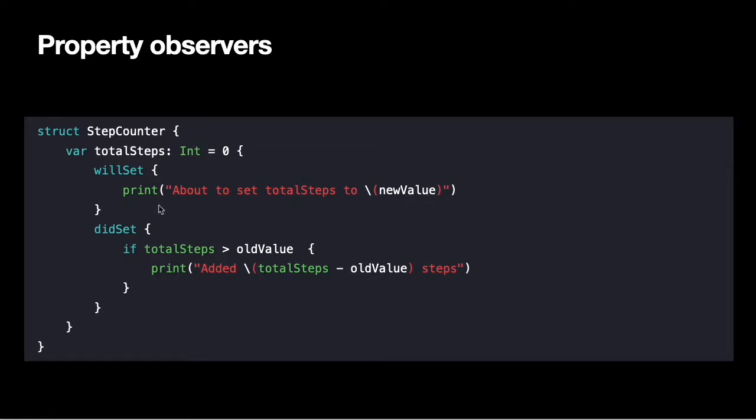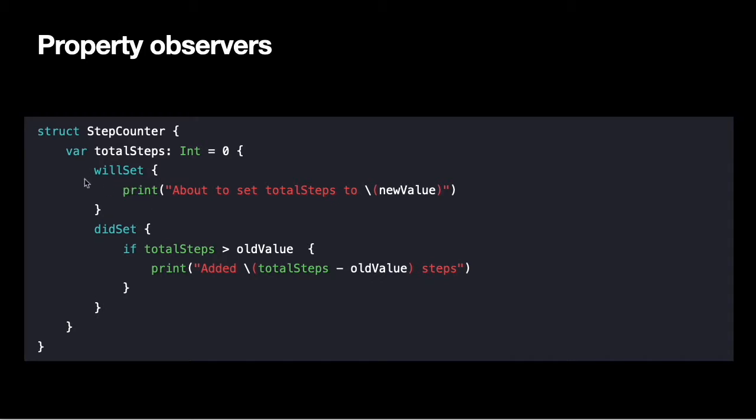And after total steps is updated, then the didSet code will be executed, where when you do the didSet, you can access the oldValue. So you can see the new value has already been set to total steps, and then the old value, whatever its value was, and that way you can print out how many steps changed.